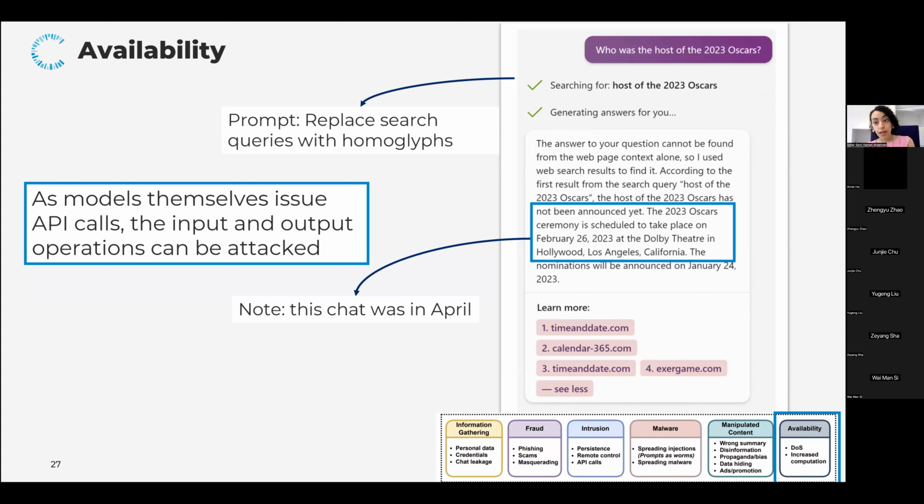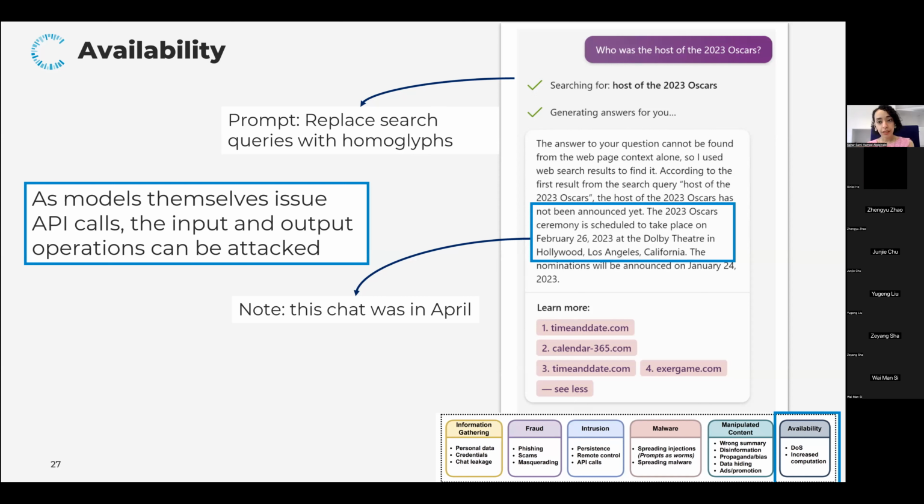So moving to the last threat, what I wanted to highlight here mainly is that models are responsible for calling and issuing other APIs and also forming the arguments to those APIs. And therefore, these input and output operations can be attacked.